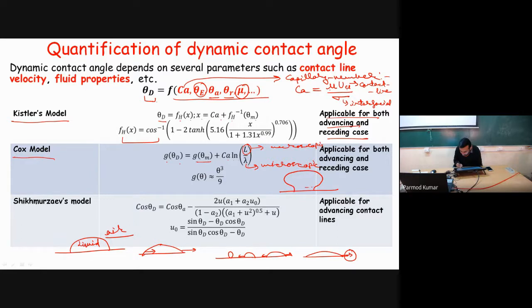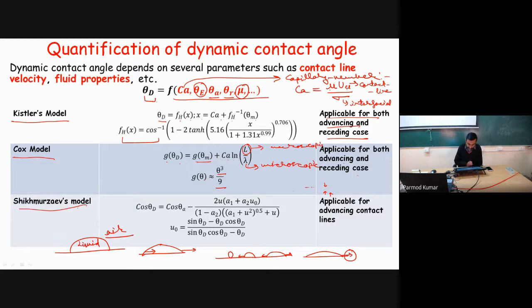In the region very close to the solid surface, we call the length scale lambda, the microscopic length scale, and if we consider the length scale of the order of the size of the drop, we call that the macroscopic length scale L. For drops spreading in air, as per Cox's model, g of theta can be approximated as theta cubed by 9. This is also applicable for both advancing and receding contact lines.